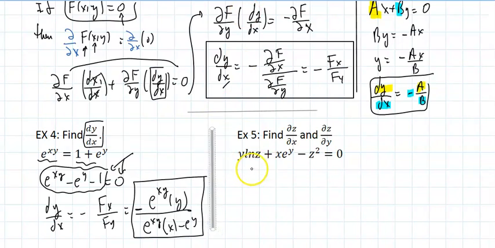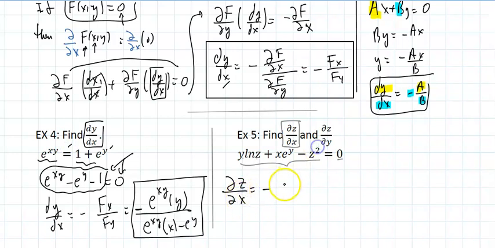And again, this is already equal to 0. If I wanted the partial of z with respect to x, I have y, z, and x. Anytime you have more than two variables, you need partial derivatives.